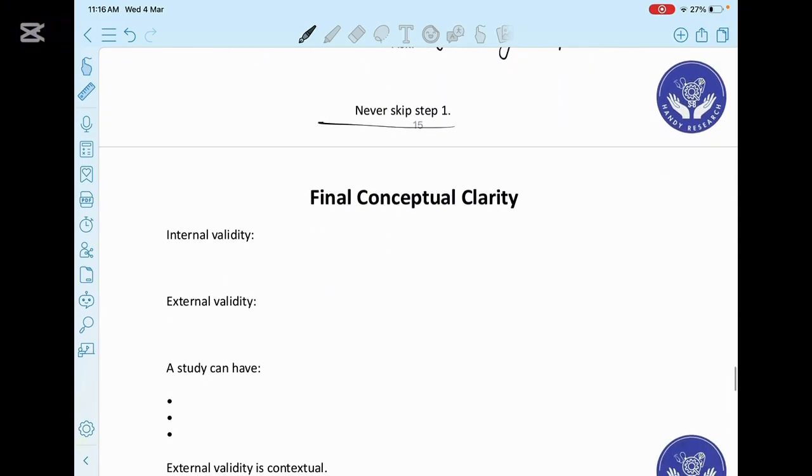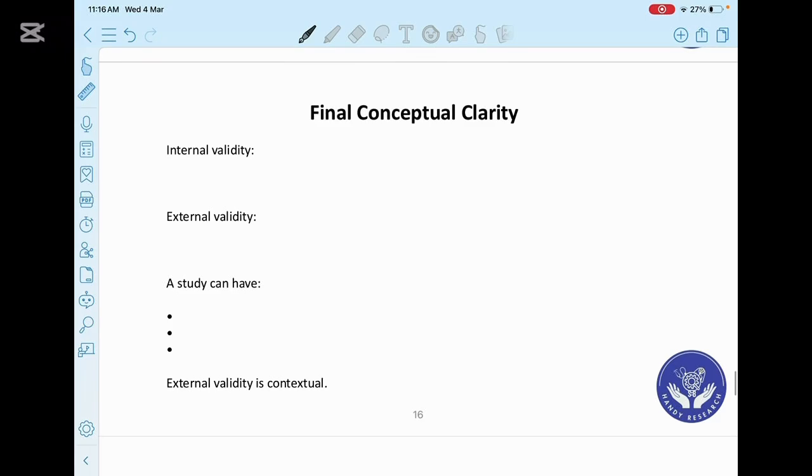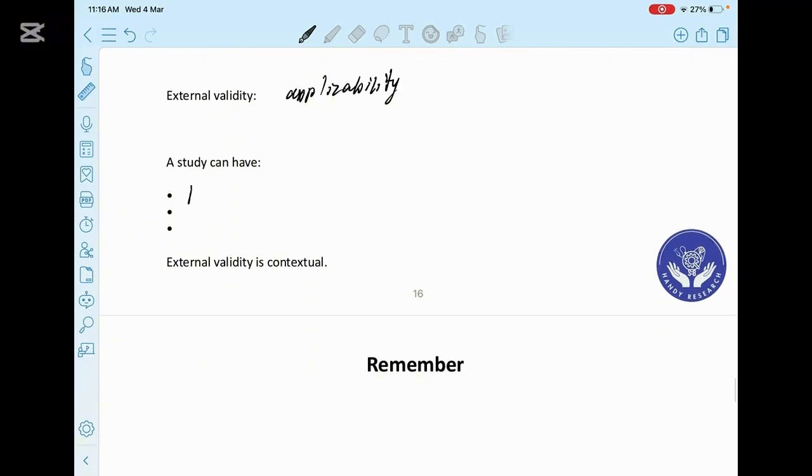Now final conceptual clarity. Internal validity is truth inside the study, while external validity is applicability or generalizability beyond the study. A study can have high internal validity plus low external validity, or low internal validity plus high external validity, or high both.